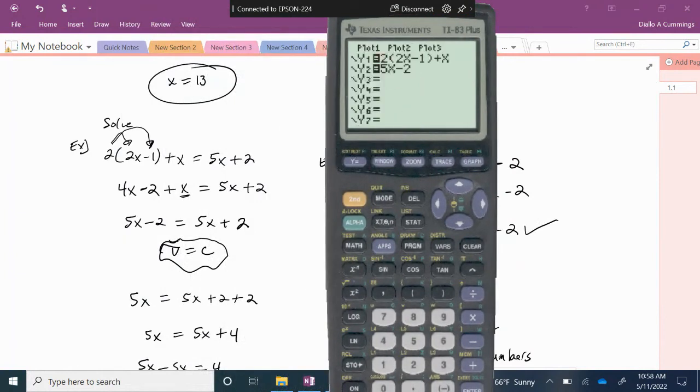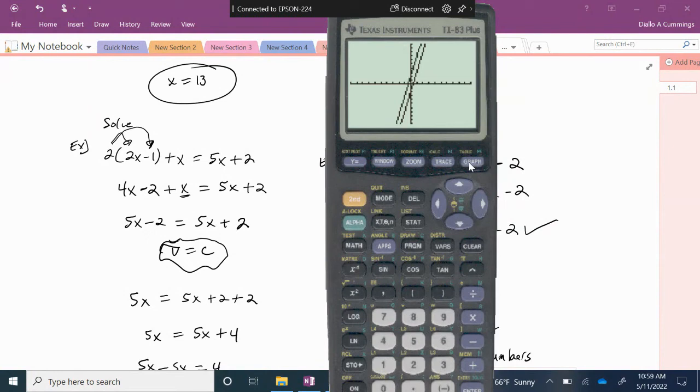If I were to go back into y equals, and I'm going to just change y sub 2 to 5x plus 2, right? If we were to graph here, we're going to see two parallel lines that never intersect.